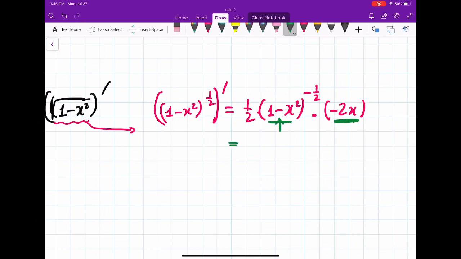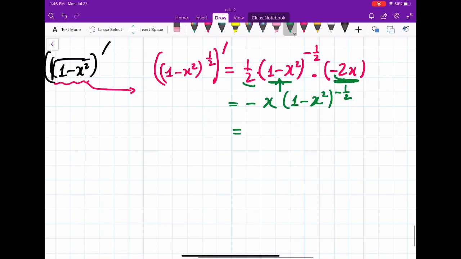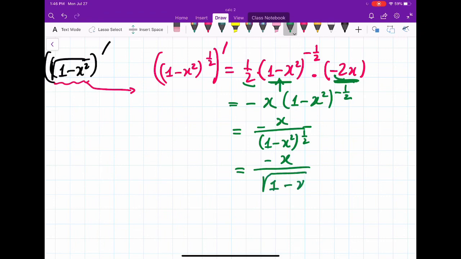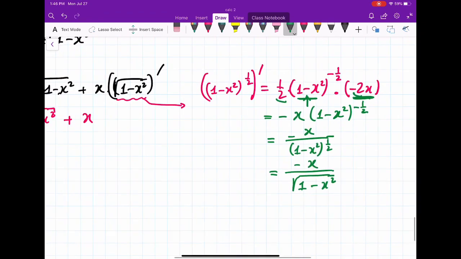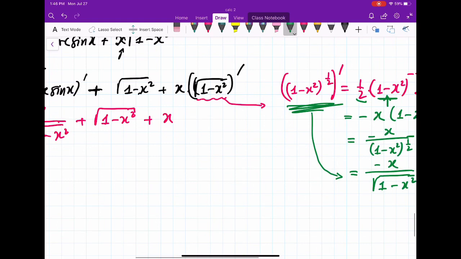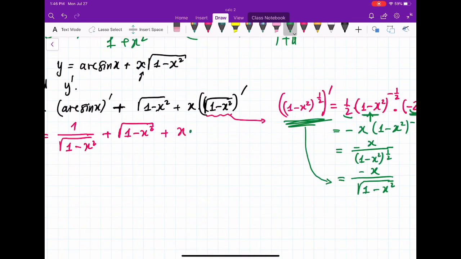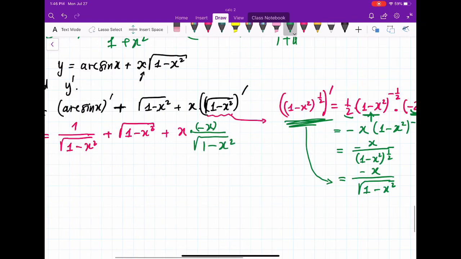Okay, so if you simplify the 2 with the 2 in here, I get negative x times 1 minus x squared to the negative 1/2. But what is negative 1/2? Sometimes you need to rewrite this as negative x divided by 1 minus x squared to the 1/2, and that is nothing but negative x over the square root of 1 minus x squared. Okay, so the derivative of this function is right here. I just need to copy that and put it into the formula. So I have times negative x divided by the square root of 1 minus x squared.